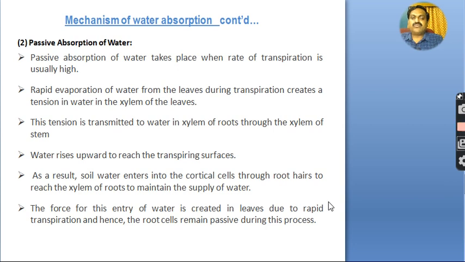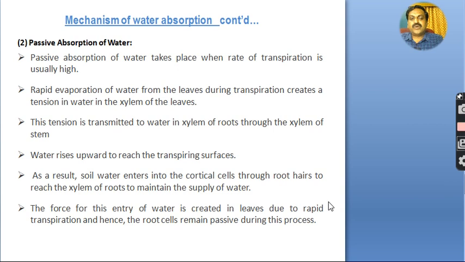Rapid evaporation of water from the leaves during transpiration creates a tension in water in the xylem of the leaves. Tension means pressure. The pressure which is created in the mesophyll cells of the leaf during transpiration will be transmitted down through the cavity of the xylem to the stem, and ultimately it reaches the roots.